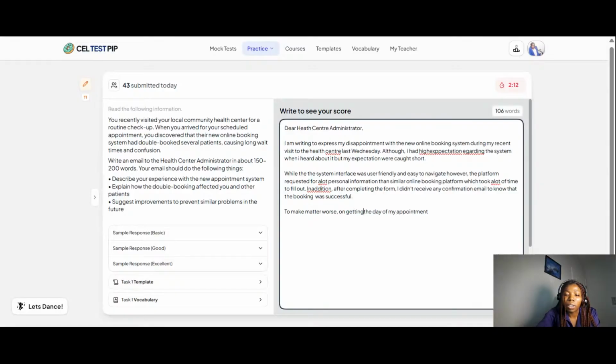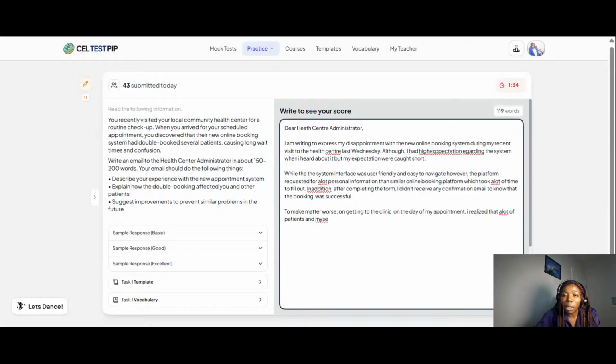on getting to the clinic, there were a lot of patients. Don't say customers; people in the hospital are called patients.